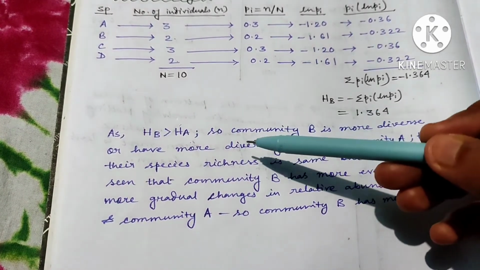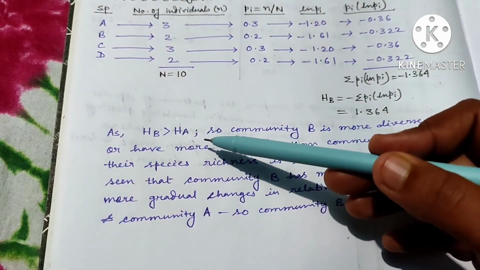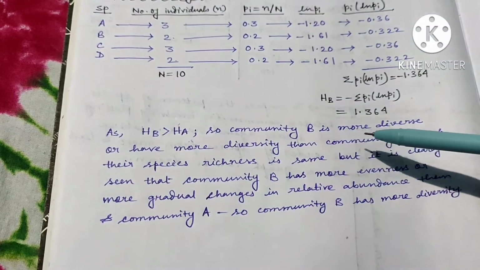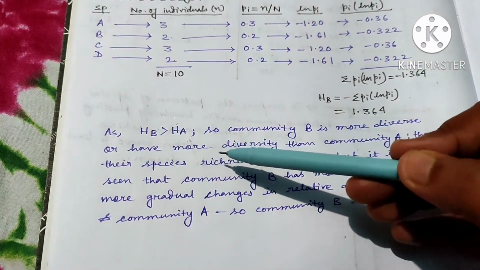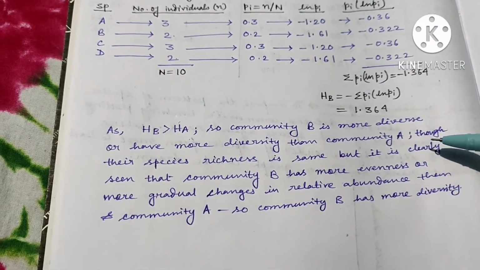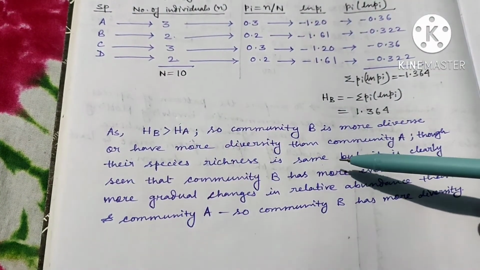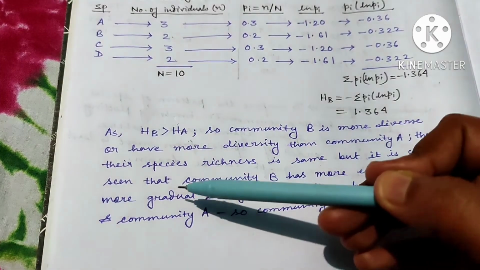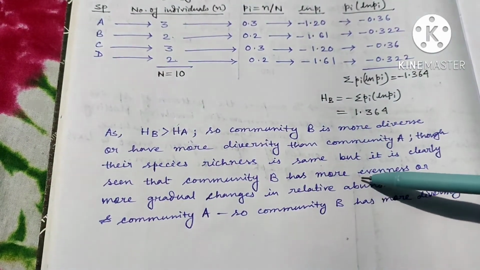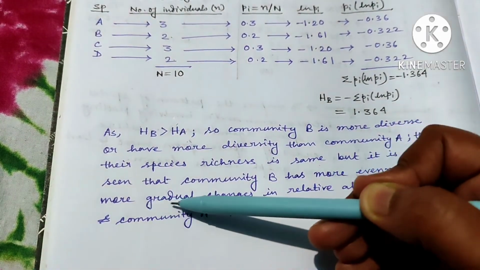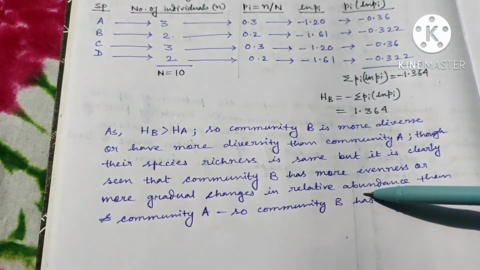Okay, so let's take a look. As HB is greater than HA, community B is more diverse than community A. Though their species richness is the same, that is 4 for both communities, it is clearly seen that community B has more evenness or more gradual changes in the relative abundance.